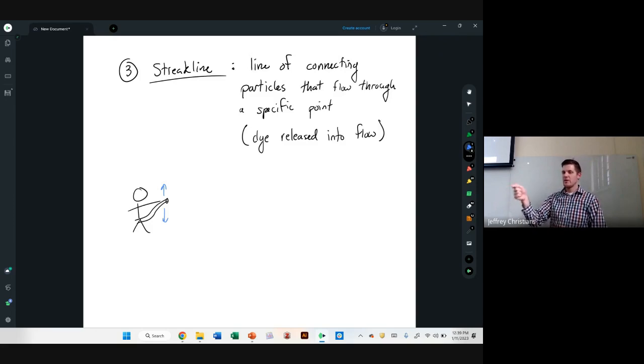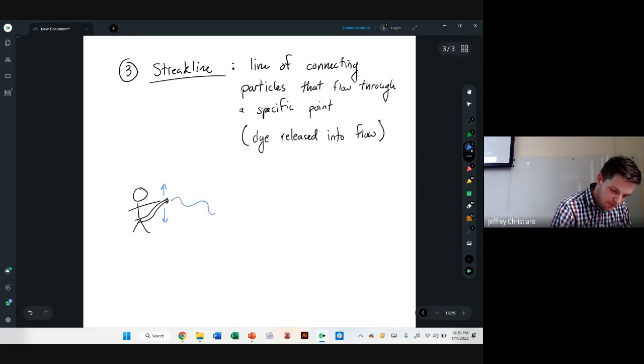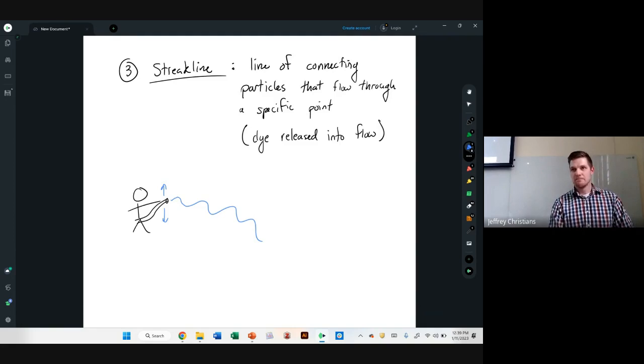You're just vibrating it up and down a little bit, so it's going to change velocity a little bit. And you're going to end up with water that looks like that until it hits the ground. But if you were to look at any individual particle of water, it travels on a parabolic path. It's only because you're changing the velocity that it looks like a squiggly thing.